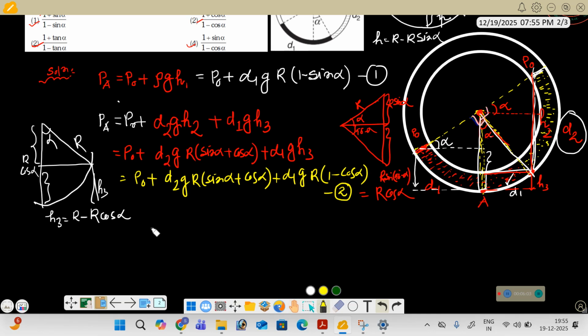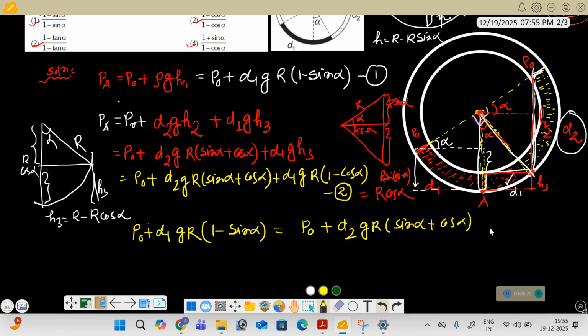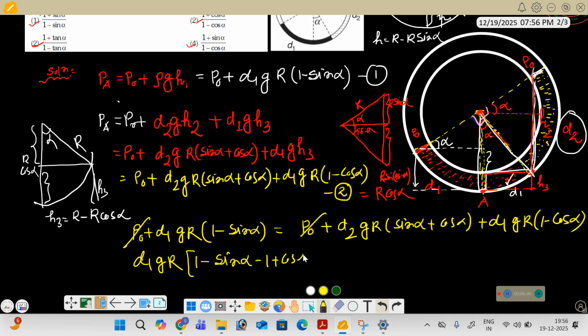So from equation number 1 and 2, if we equate these two equations, then we have P naught plus d1 g R into 1 minus sin alpha is equal to P naught plus d2 g R into sin alpha plus cos alpha plus d1 g R into 1 minus cos alpha. P naught cancels out, so d1 g R taking common 1 minus sin alpha minus 1 plus cos alpha, bringing this to the left side.